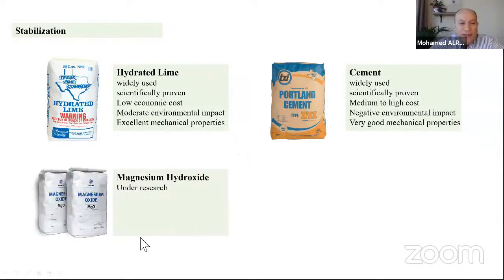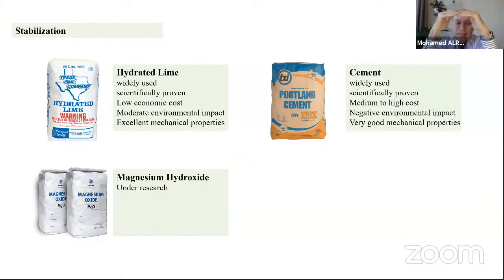The third one is magnesium hydroxide, which is commercially known as magnesium milk. This stabilizer is recently under research, because there are some disadvantages of using calcium hydroxide, and magnesium hydroxide is meant to overcome these disadvantages.